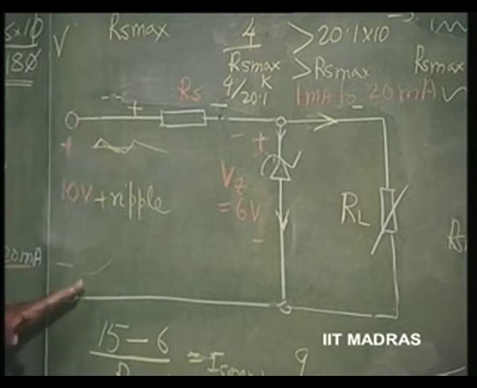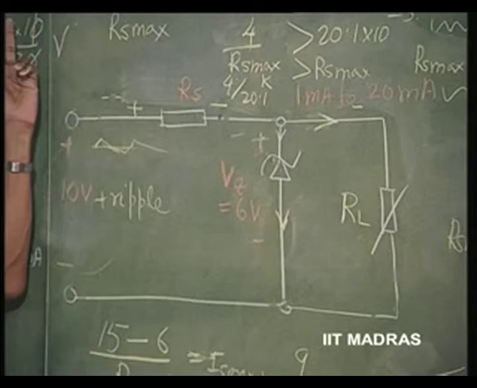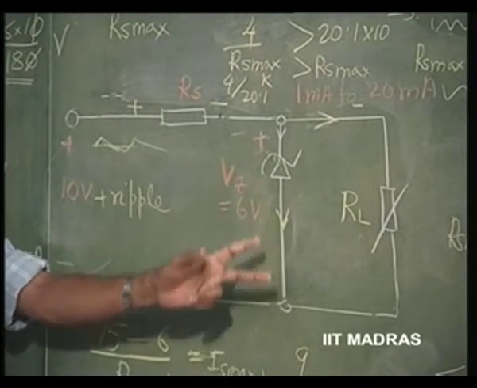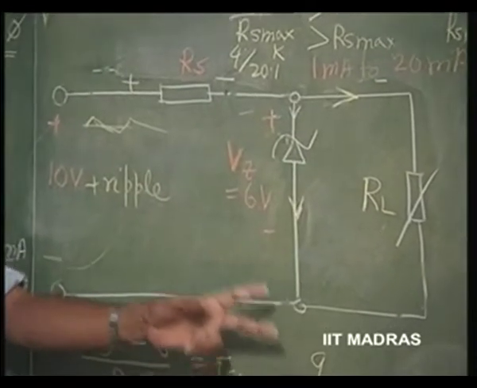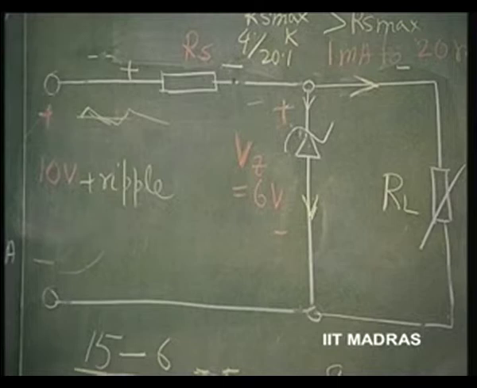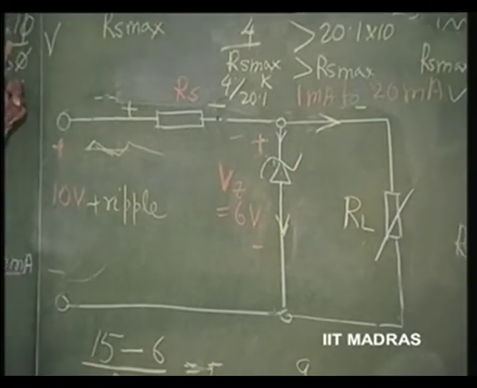So, that ripple also gets reduced here by this factor, which is Rz divided by Rs. So, there is a ripple reduction, and therefore, if there is some ripple factor here, the ripple factor here is much reduced. That is an advantage of using the Zener regulator. So, ripple reduction factor is also by the same amount.